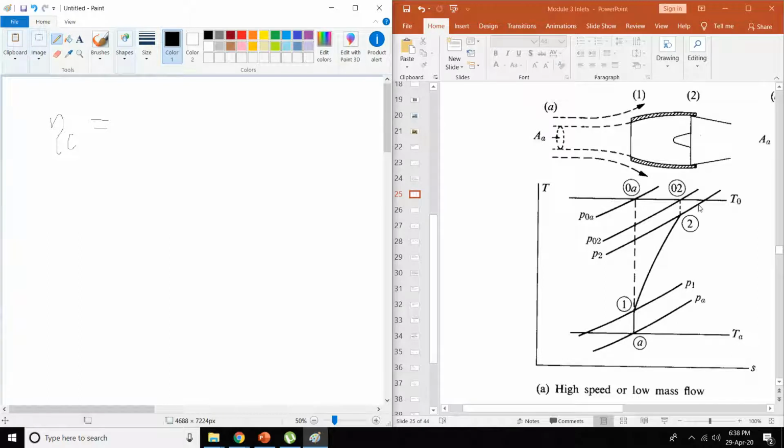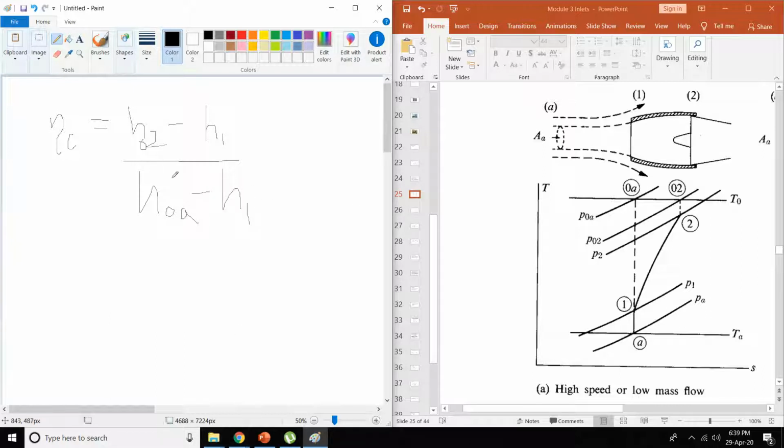So your isentropic efficiency here would be H2, which is your actual work, minus H1 from where you began, divided by the total work. So this would be H02, the stagnation pressure point 2 where you begin, and this is your H0A minus H1.